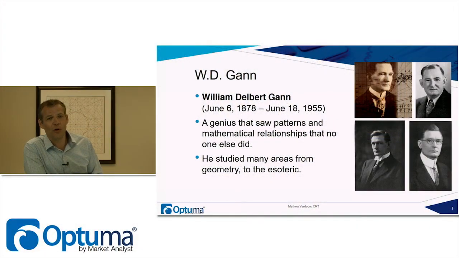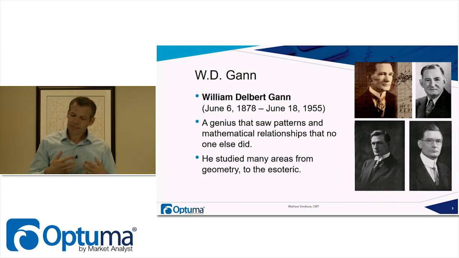As you can see, he was definitely a very interesting guy, trailblazing an area that not many people were working at. Obviously he studied many areas. His passion was markets. He looked at different ideas, all the way from the very mundane through to the very esoteric, especially in later life.